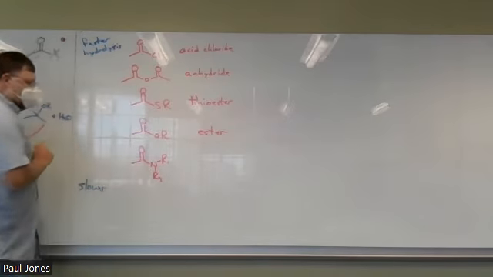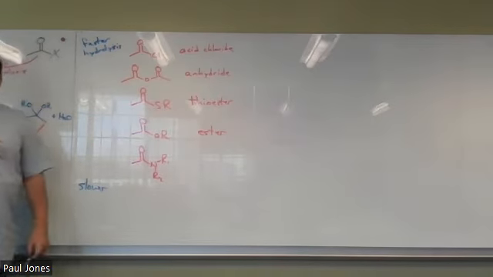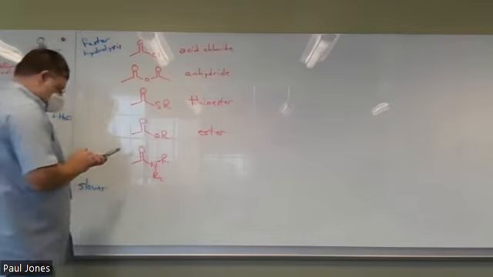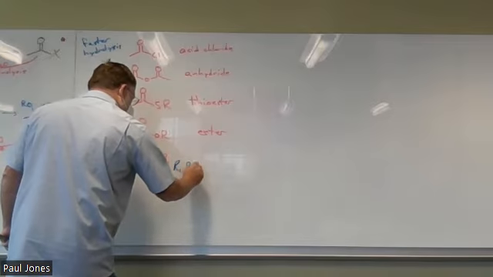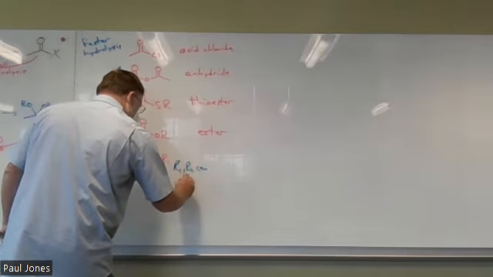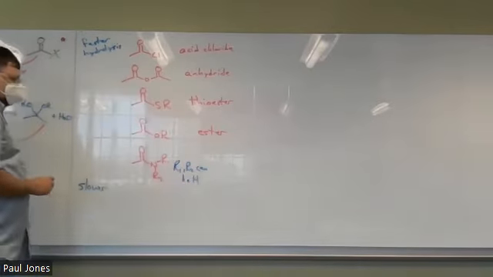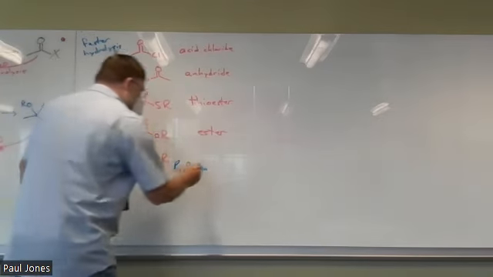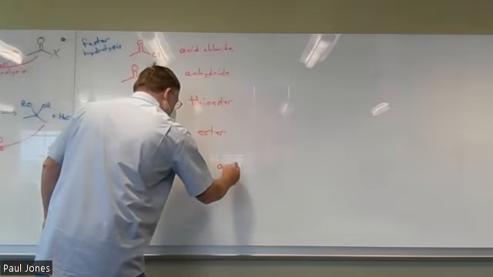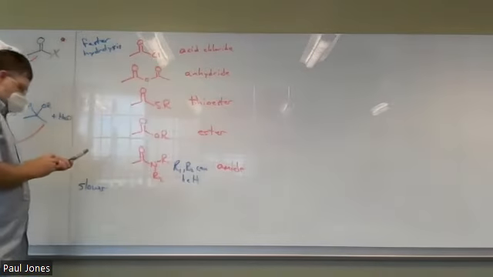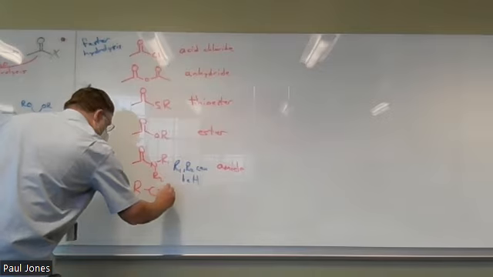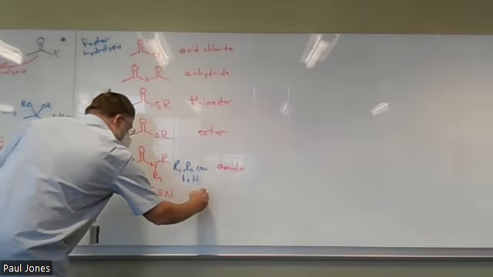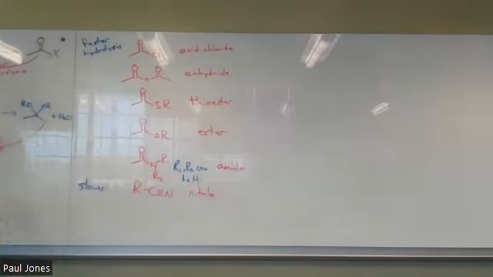Here now, for an amide, R1 and R2 can be H. It's the only one for which this is true. This is going to be an amide. Pretty close to this, we have the nitrile. Right, the nitrile is just a cyanide where the carbon is bonded to something.